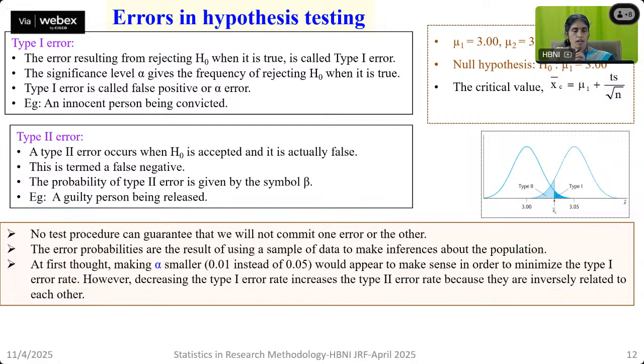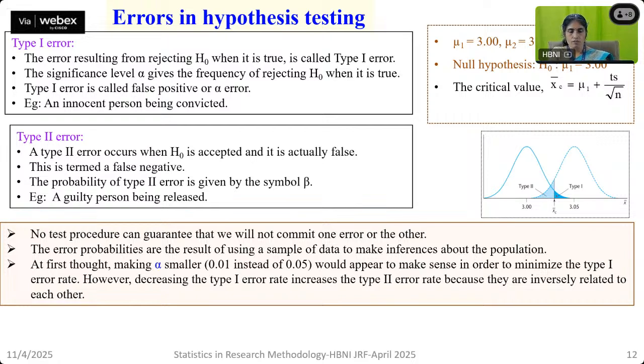So we have to make a compromise between these two. And be informed that no test procedure can guarantee that we will not commit any mistake. Errors are bound to happen when you do measurement. The only thing is that you can properly judge the measurement results and come out with the minimum errors possible from your side. That way one can develop skill and come out with meaningful data.